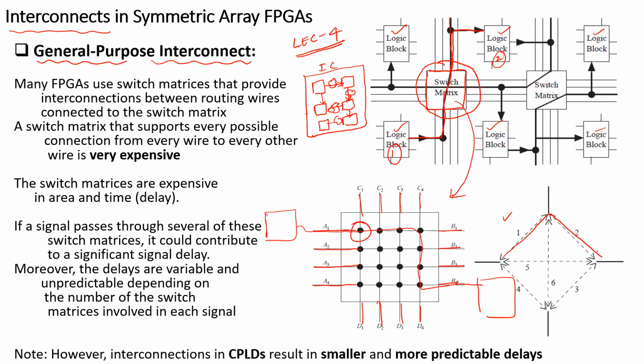One of the important things is that the switch matrix approach of interconnection is actually very expensive. The reason is that it has to connect all the possible wires. Whatever possibilities are there, we have to connect them in all the directions.